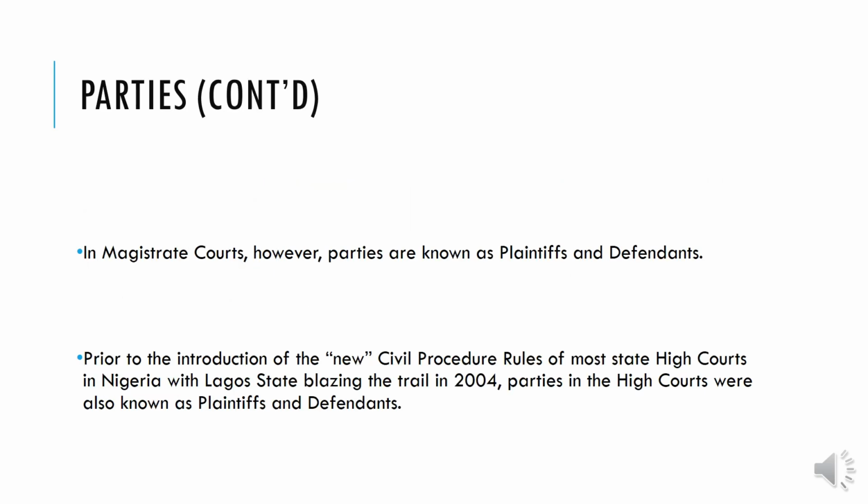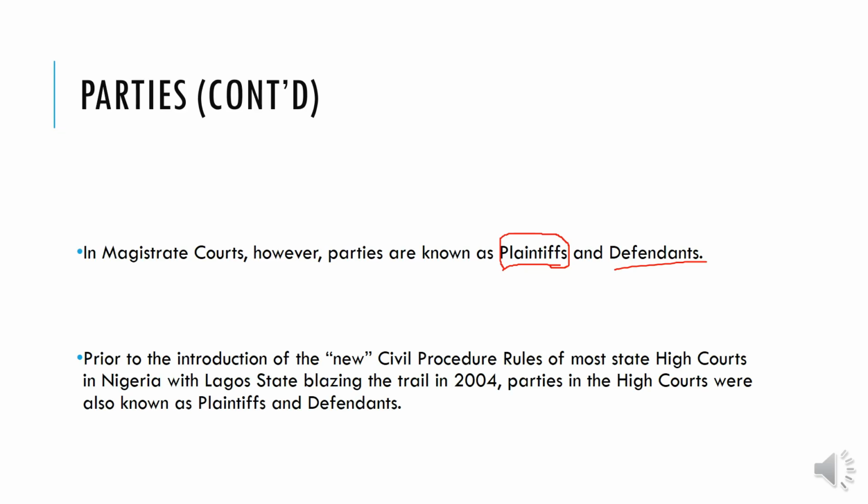So, I still continue with parties. If the case is before a magistrate court, then the parties will be known as plaintiffs and defendants, not claimant again, but plaintiffs in the case of a case filed in magistrate courts.